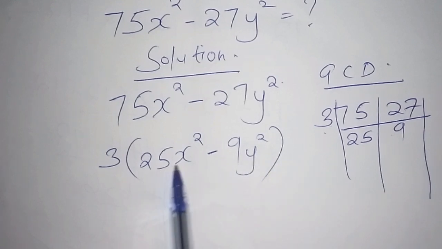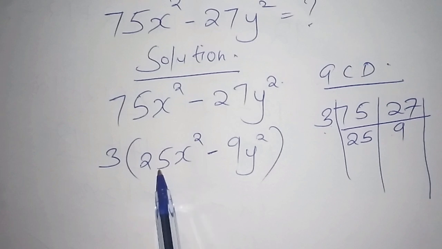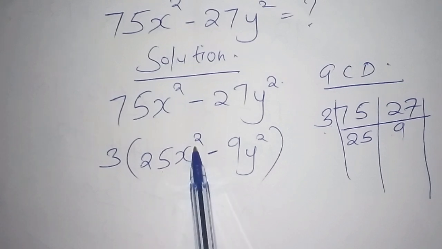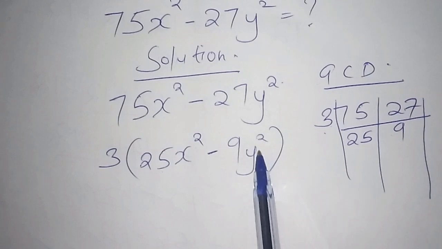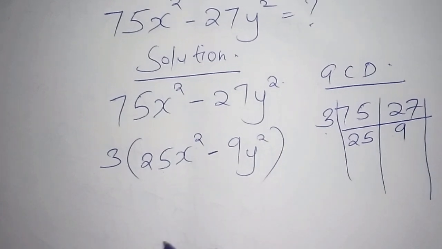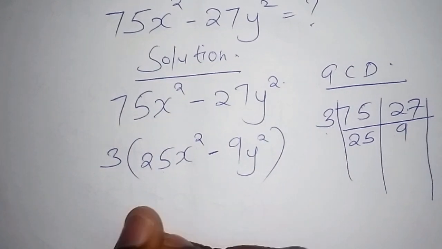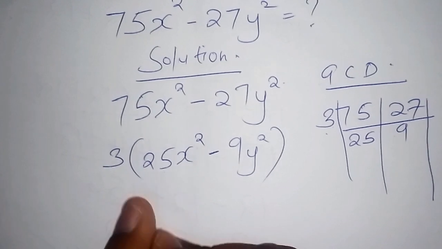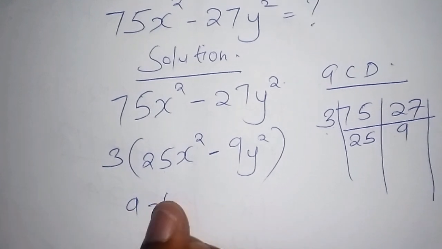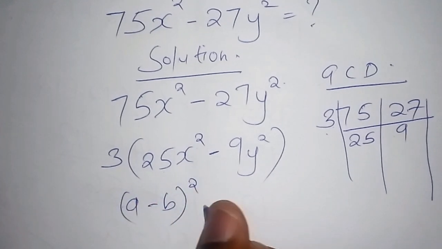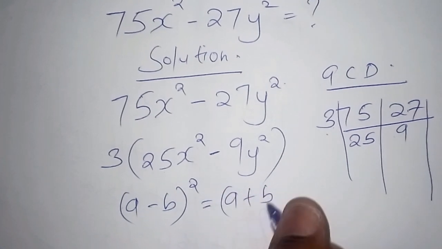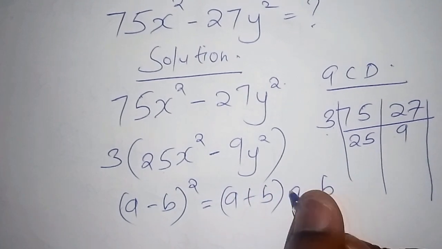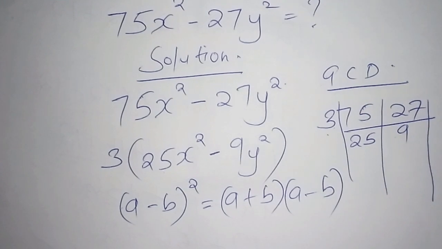So we need to find the square root of 25x squared and also the square root of 9y squared. This is what we already know: if we have a squared minus b squared, this shall be equal to a plus b into bracket a minus b.